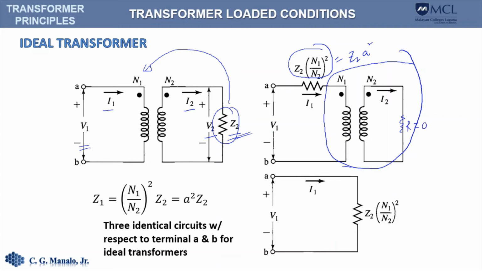And if we transfer this to the other side, it will also give us a zero value. And therefore, the circuit further simplifies to this circuit. So this now becomes the equivalent circuit of the transformer with respect to the primary side.